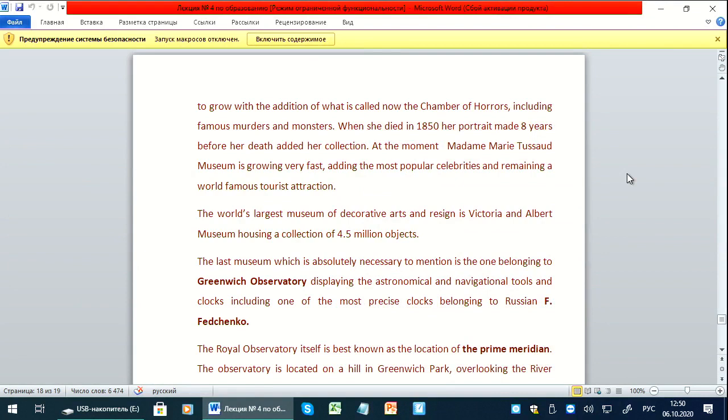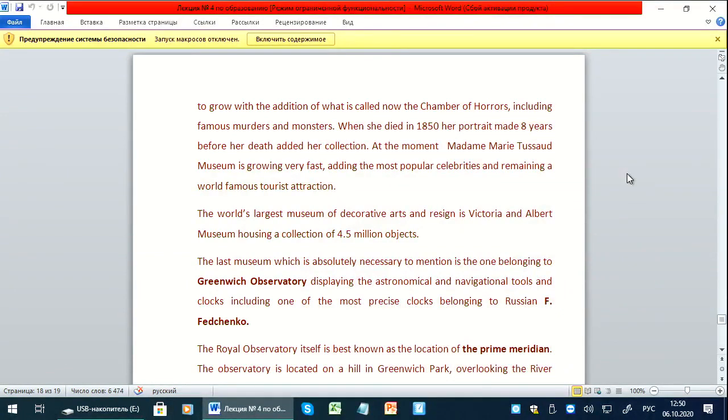Well, the last museum, which is absolutely necessary to mention, is the one belonging to Greenwich Observatory, displaying the astronomical and navigational tools and clocks, including one of the most precise clocks belonging to the Russian Fyodor Fedchenko.